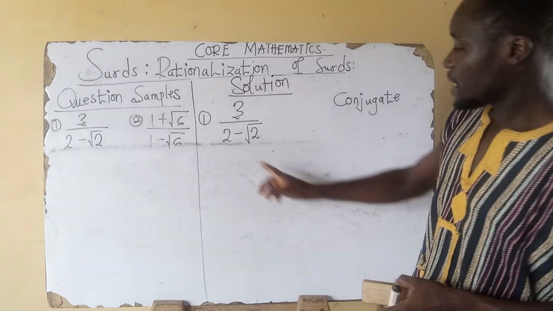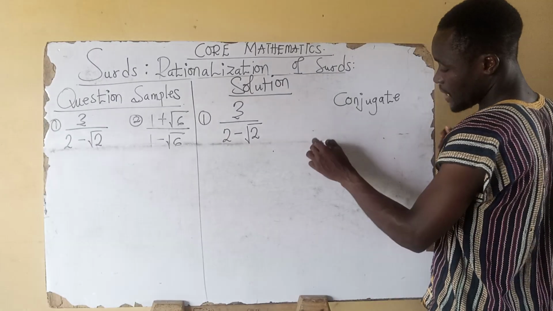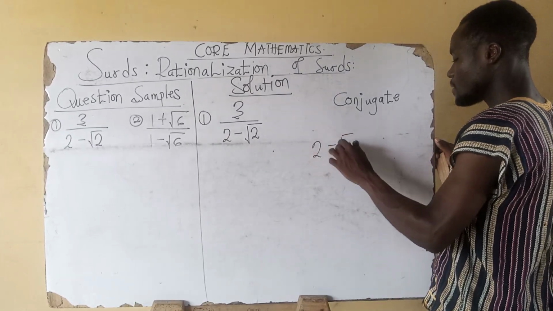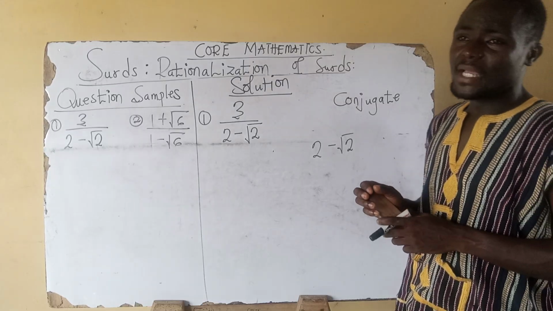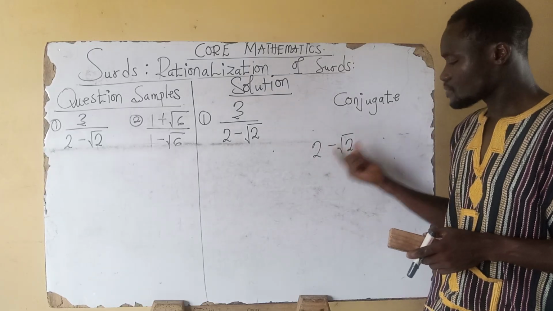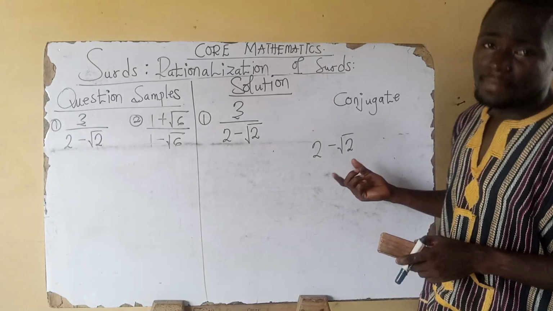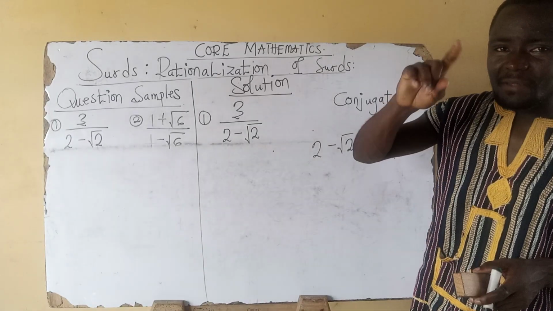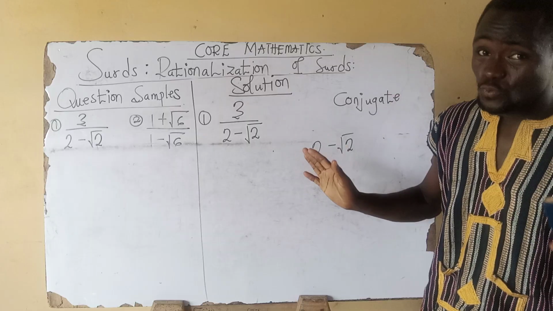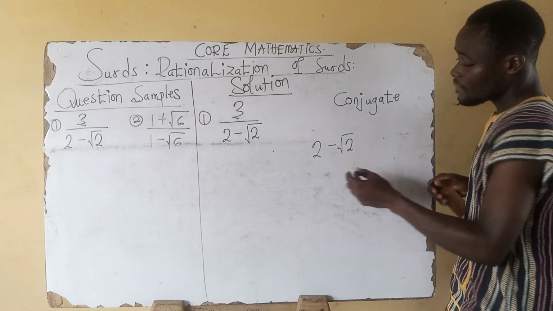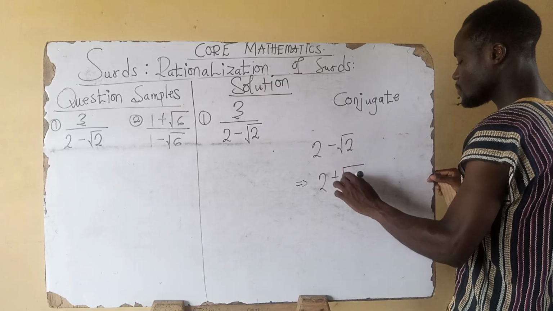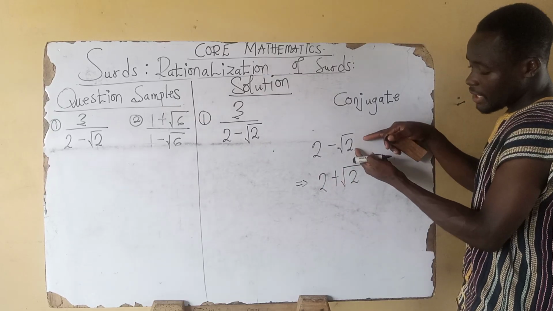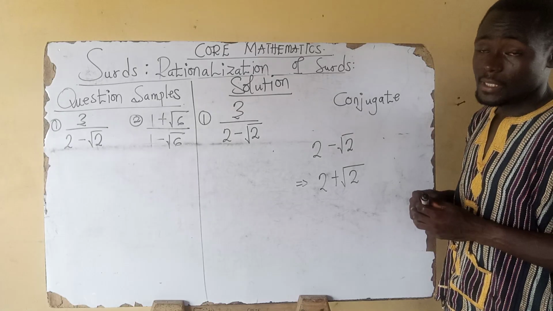Very good. So find the conjugate of the binomial surd 2 minus root 2. What we are going to do is find the opposite of this binomial. So the sign in between the terms, that's what changes. So the conjugate of this becomes 2 plus root 2. So the conjugate of this is this. Are you getting me? Very good.